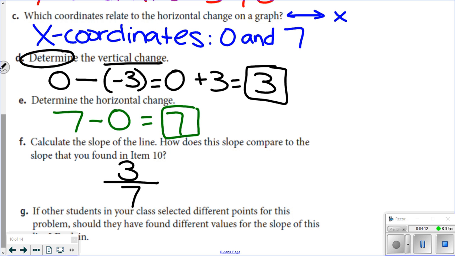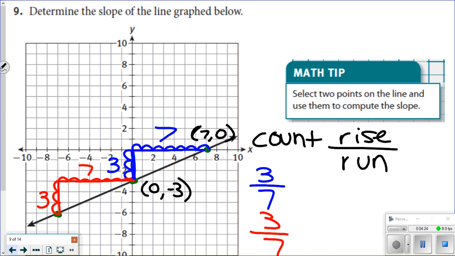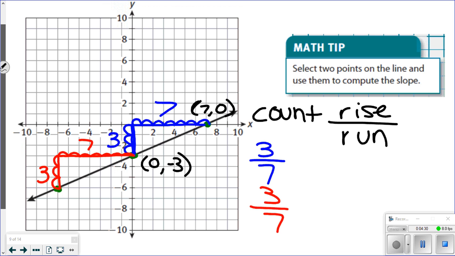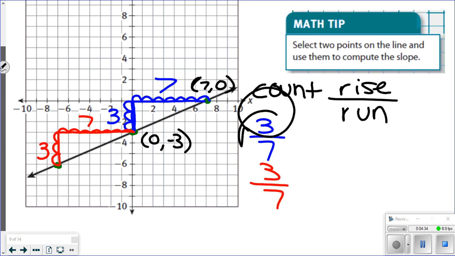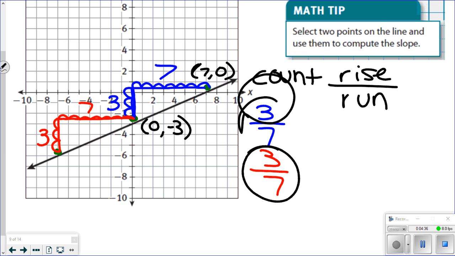And it says, how does this slope compare to the slope that we found in question 10? Let's go back to question 10. Actually, I think the book, that's a typo. I think they're asking for question 9. So if we go back and look at question 9, notice our slope here is 3/7.